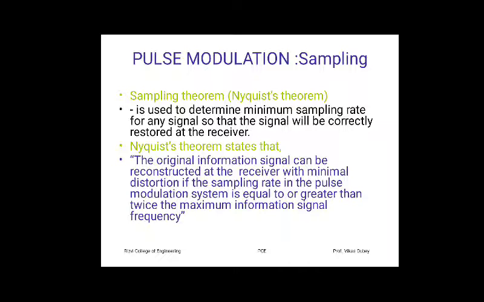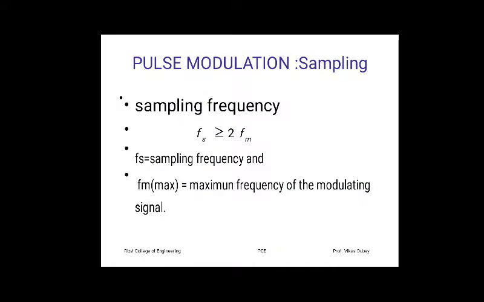For faithful conversion and reconstruction, the sampling theorem should be satisfied, which says that the original information signal can be reconstructed at the receiver with minimal distortion or without any distortion if the sampling rate in the pulse modulation system is equal to or greater than twice the maximum information signal frequency. So the sampling frequency is Fs greater than or equal to 2 times Fm, where Fs is the sampling frequency and Fm is the maximum frequency contained in the signal.